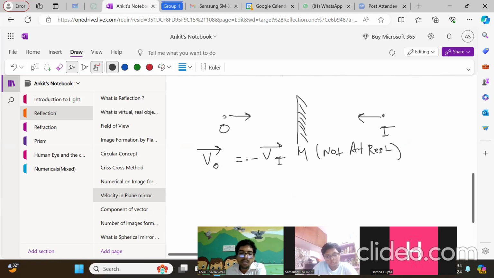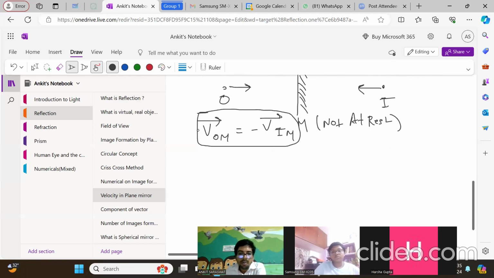But what I explained, velocity you need to take with respect to mirror. Clear? Any doubt? No doubt, sir. And it will always be perpendicular. Clear? Perpendicular.